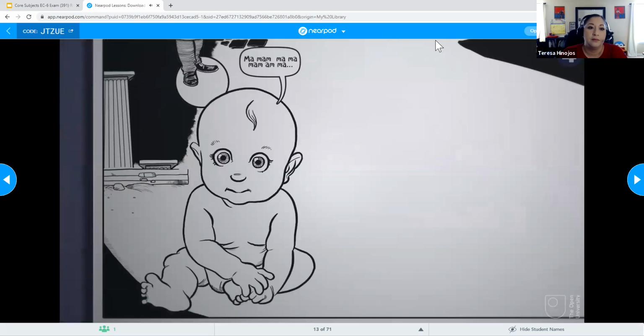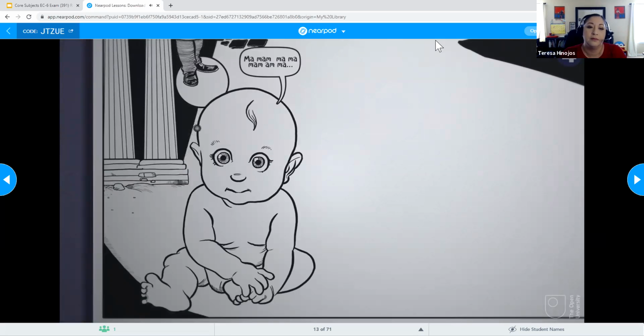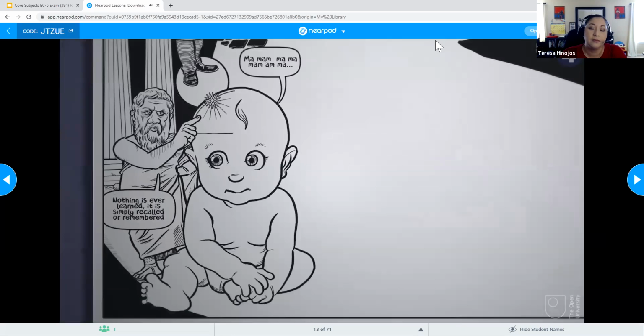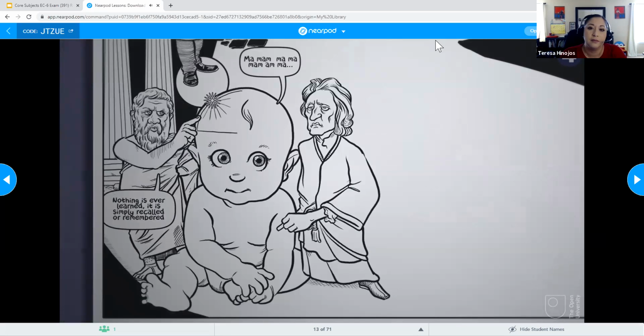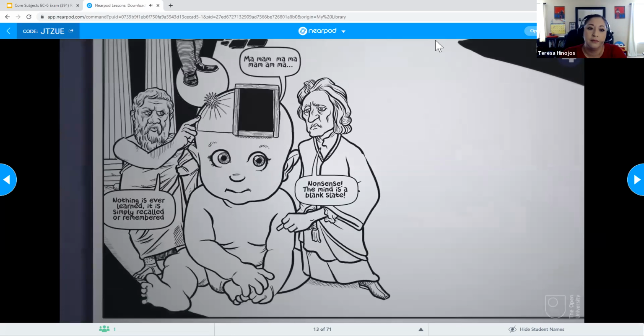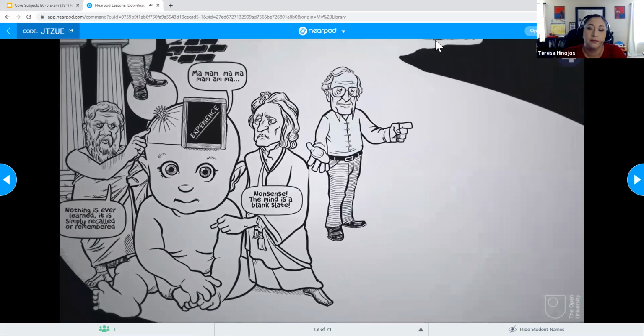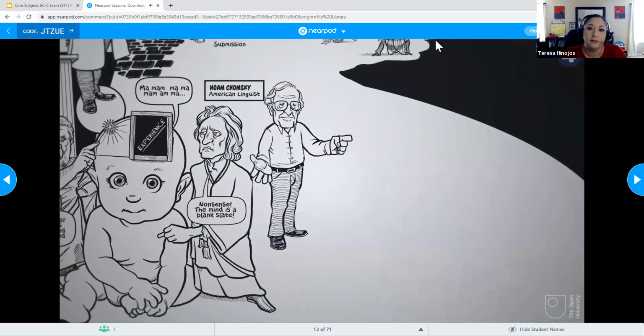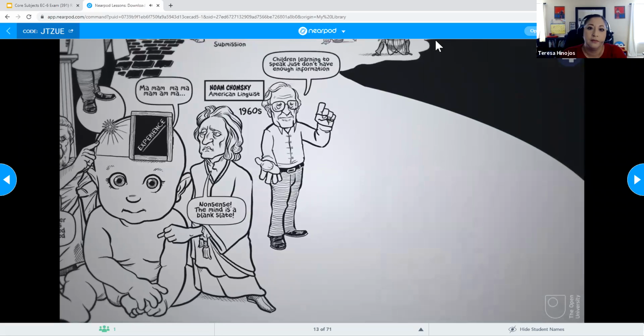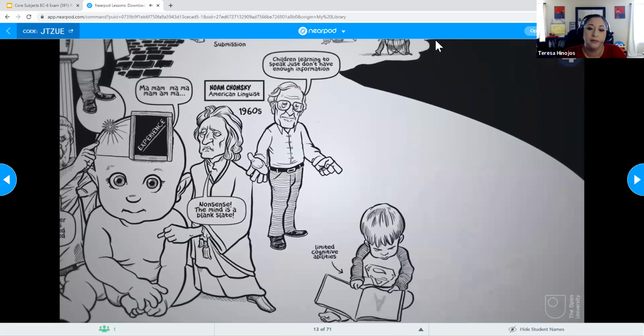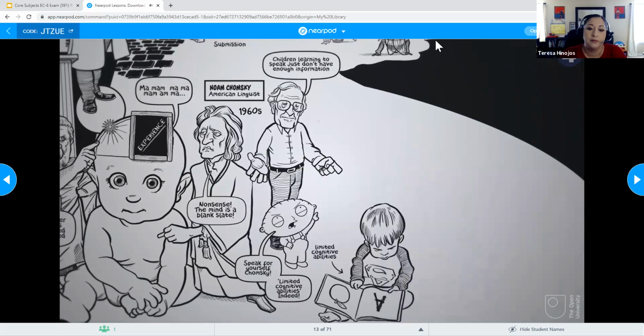Since the dawn of philosophy, thinkers have argued about whether we have innate ideas, whether we are born knowing things, as Plato believed, or rather, as John Locke and other empiricists argued, the mind is a blank slate on which experience writes. An American linguist, Noam Chomsky, gave a twist to this debate in the 1960s by demonstrating that children learning to speak just don't have enough information to form the complex grammatical maneuvers that allow them to generate unlimited new and original sentences.